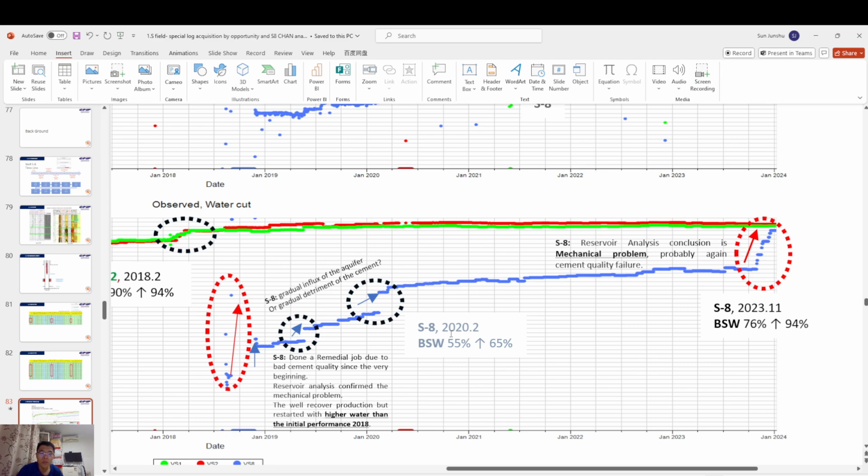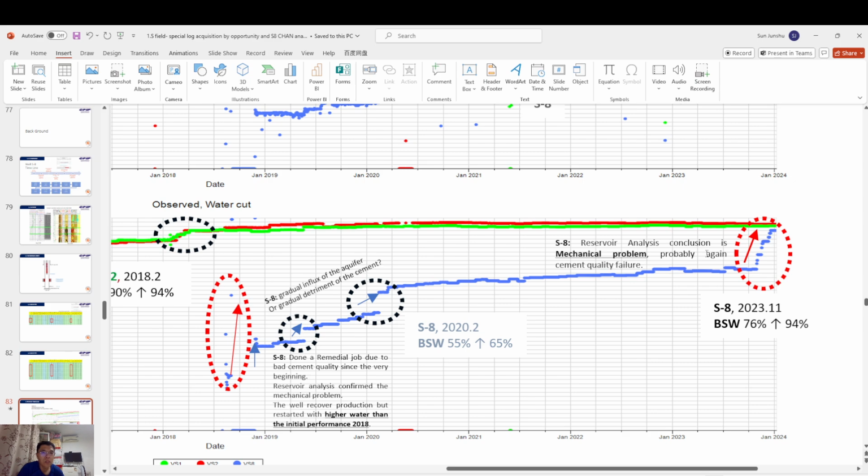Then in February 2020, BSW increased from 55% to 65%. At the beginning of November 2023, the BSW increased from 76% to 94%.